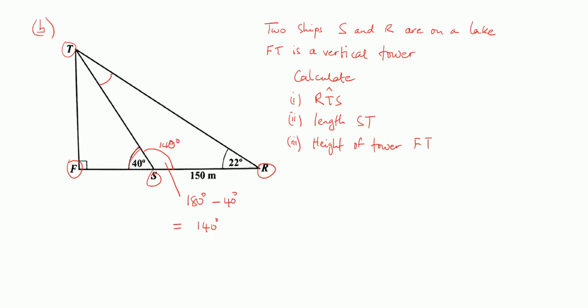140 degrees. And if we want to get this angle, we know that when we add up the angles inside a triangle, we should get 180. So therefore, RTS is equal to 180 minus, and we must add up 140 plus 22. This will give me 180 minus 162.